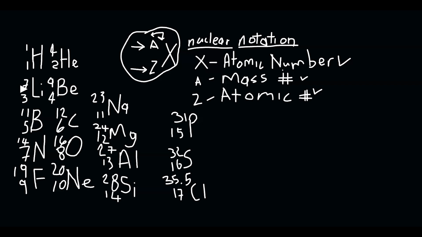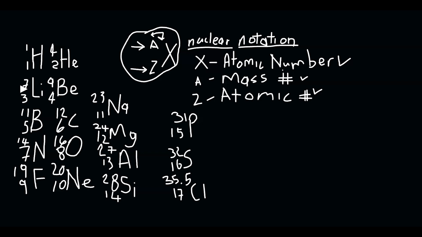Alright, so in most cases you'll see them writing it as 35.5. But when it comes to isotopes, they don't normally write it like 35.5. You'd have 35 and 37. But in some books, you'll see them have it as 35.5.